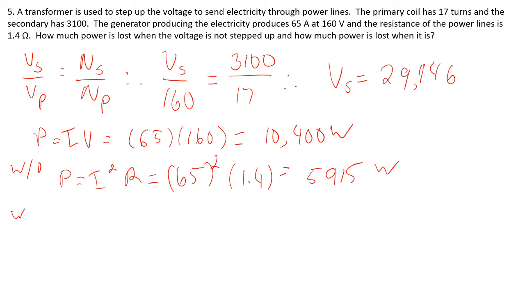With the step up, we cannot use just the secondary voltage. We have to use P equals IV with the power generated to find the current, because the current is going to be lessened at that high voltage because the power has to stay the same. So since the power stays the same, P equals IV.